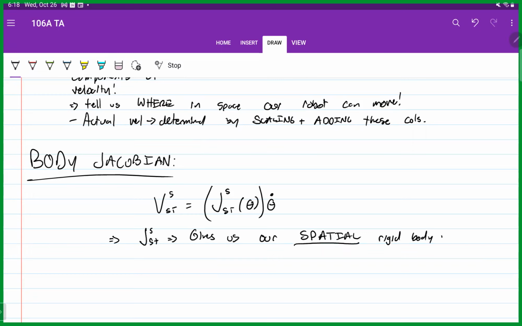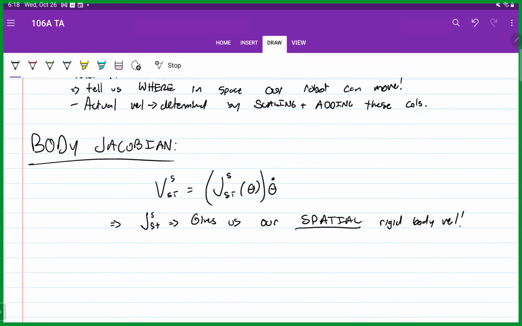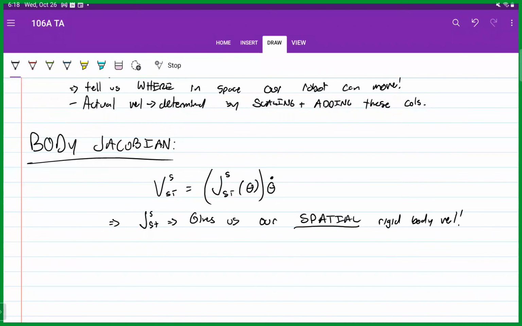Remember, that's one of those transformations that helps us find the physical velocities of points on our robot. So if we actually want to use this V_st^s, how will we do that? We'll say that we have some point q_a in the spatial frame that we want to find its velocity of. Its velocity in homogeneous coordinates, q_a dot, the time derivative of that point, will be equal to V_st^s hat times the point in homogeneous coordinates.